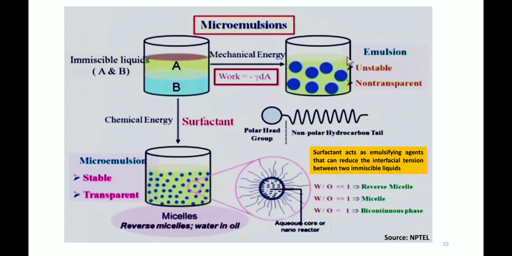If the system is W/O and that ratio is less than 1, then it is called a reverse micelle, because here the fraction of water is low. If W/O is greater than 1, then you have a micelle, because here the oil is very low. And if W/O is 1, then it is a bicontinuous phase.